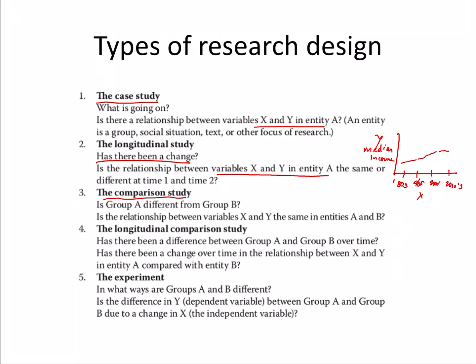A comparison study is different from a longitudinal study in the sense that it's not asking for a change in the dependent variable over a period of time. What it's asking is, is there variation in a variable that can be measured in different circumstances?